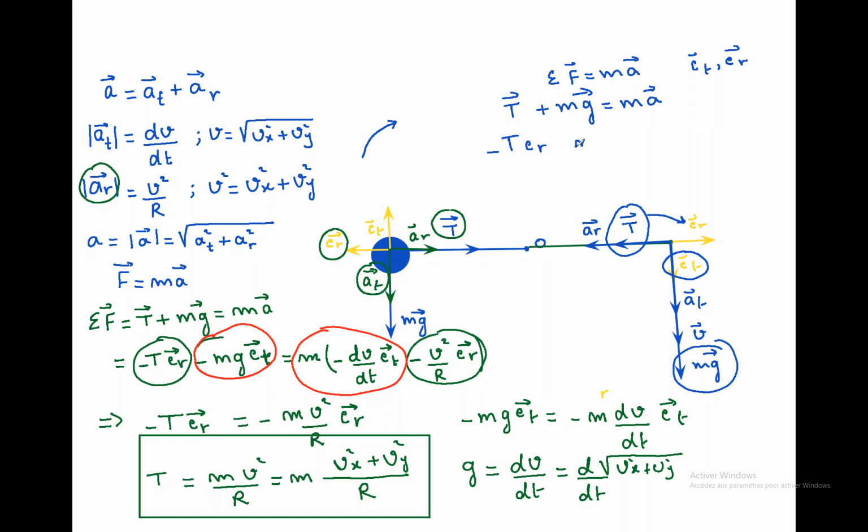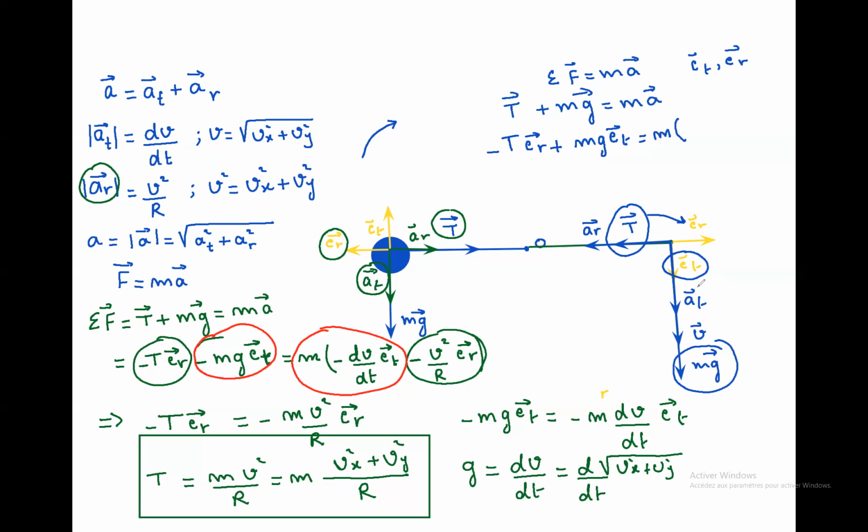So we write the magnitude of mg with the positive et, equal m, we have a tangent and a radial.